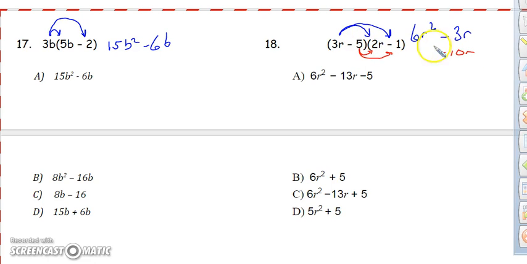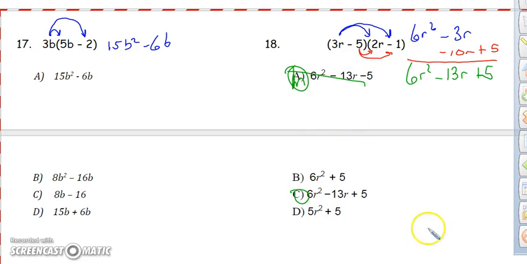Negative 5 times negative 1, plus 5. Combine everything, 6r squared comes down. Negative 3 plus negative 10, negative 13r. Bring down your 5. There's your answer. Oh, sorry, that needs to be plus C.